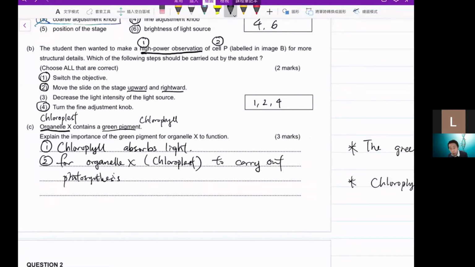But without chlorophyll to absorb light, chloroplast cannot carry out photosynthesis. Okay, then what will be the third point? Then you need to tell us what the aim of photosynthesis is. Okay, photosynthesis is to produce food, or you can say to produce glucose. All right, then you can get 3 points.